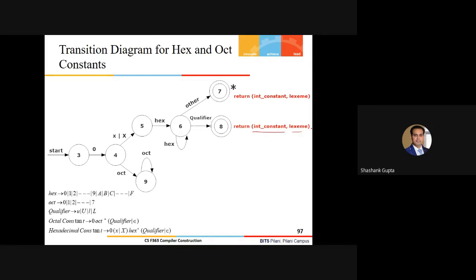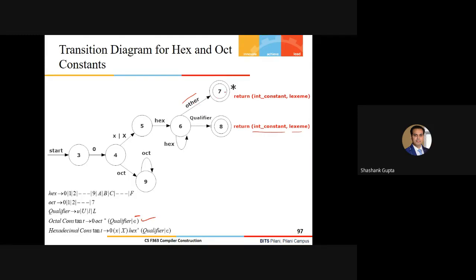But it is quite possible I have completely skipped the qualifier as per the specification for epsilon, and I am reading any other symbol apart from this qualifier. So the definition of other here is any symbol apart from this qualifier symbol. Fine.